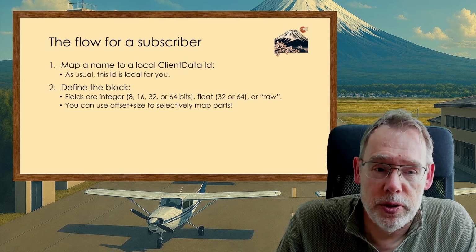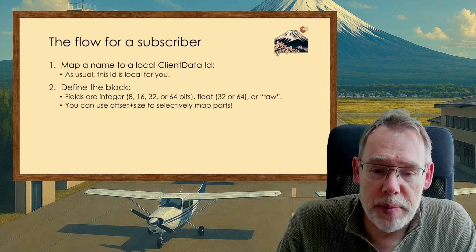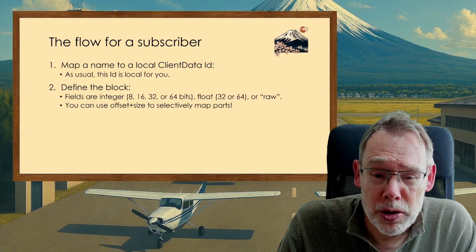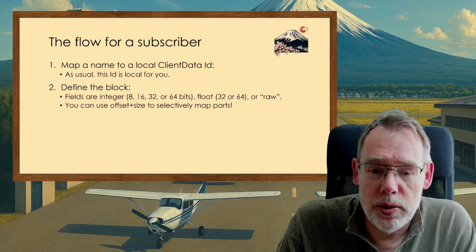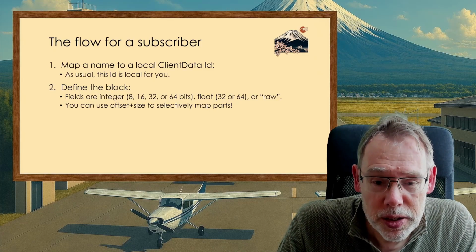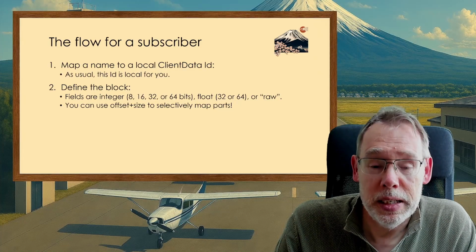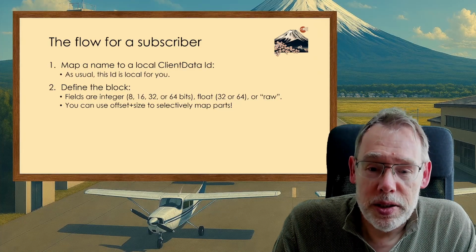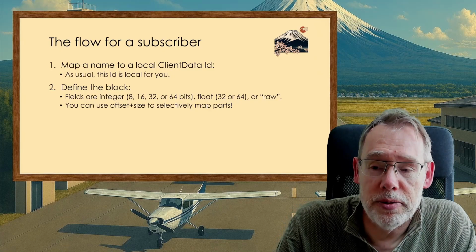This means that on the subscriber side, you actually can map for only parts of what is being sent over. This doesn't mean you necessarily don't get it, but if you combine that with tagged requesting, you get only the fields that you're interested in. And this, of course, makes it very powerful.